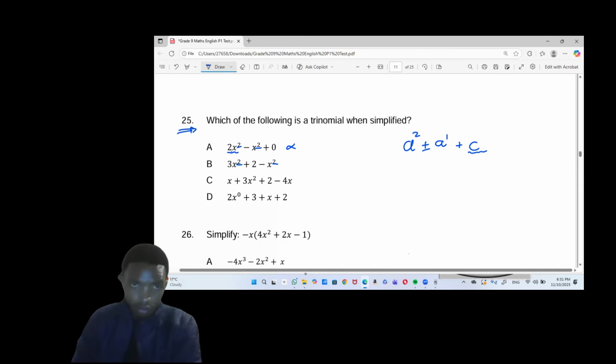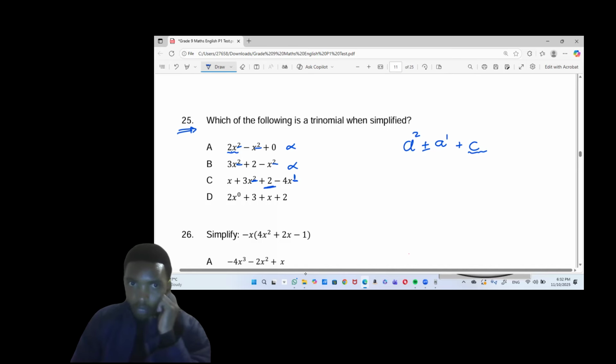And then here we have x squared. We have an exponent of how much? Of 1. And we have a constant term. Is it trinomial? Yes, it is a trinomial because there's x squared, a constant term, and x with the exponent of 1, which is C. So here we have exponent of 2.